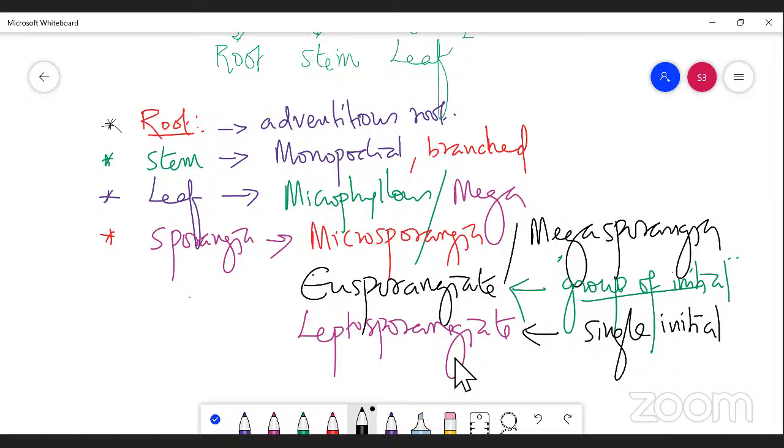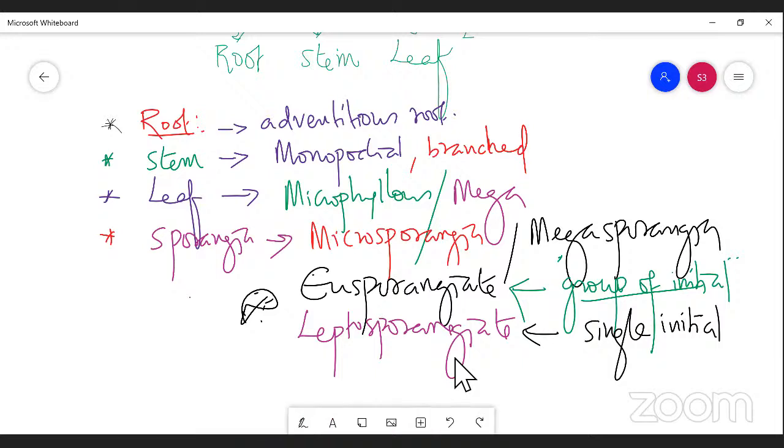Whereas eusporangiate means a group of initials gives rise to a sporangium. Sometimes you can expect the question, write the difference between eusporangiate and leptosporangiate. A group of initials gives rise to a eusporangium, whereas a single initial gives rise to a leptosporangium. Right?